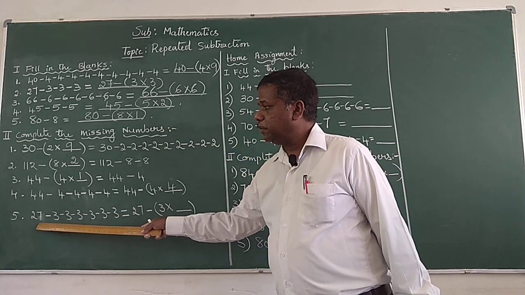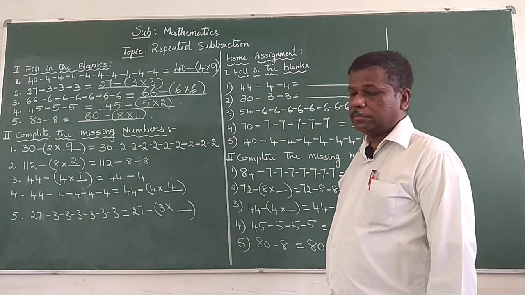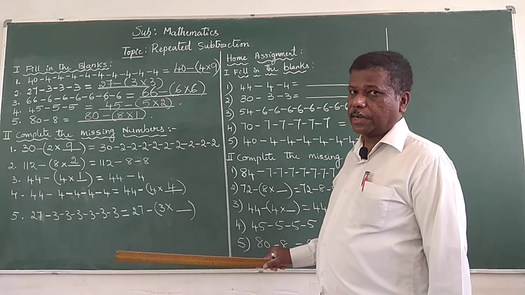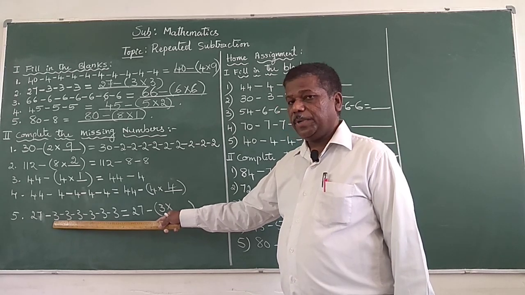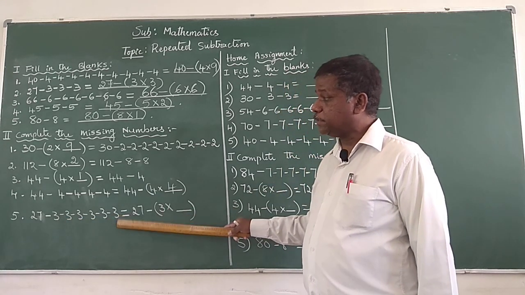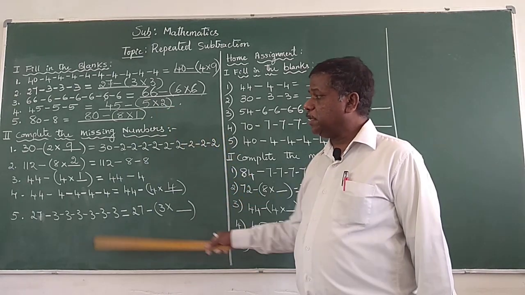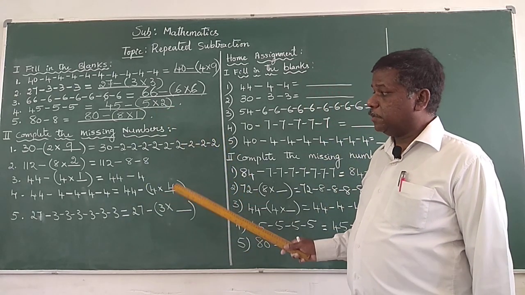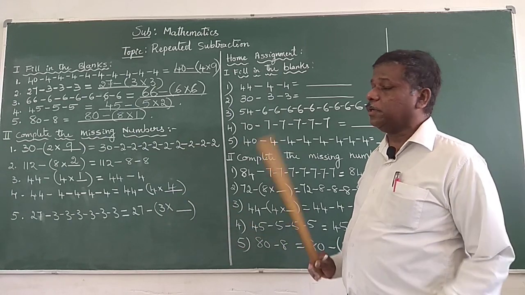So fifth question, 27 is the number from which 3 is subtracted. How many number of times? 1, 2, 3, 4, 5, 6 times. So 3 is repeatedly subtracted 6 times from the number 27.